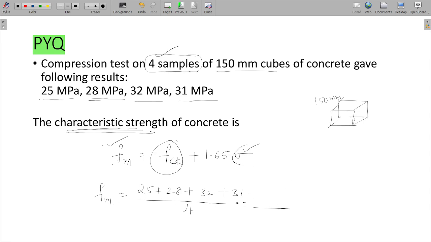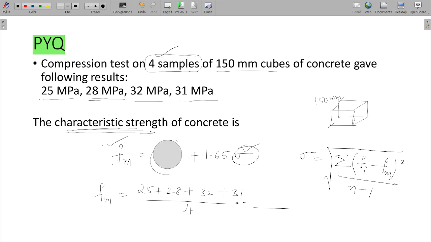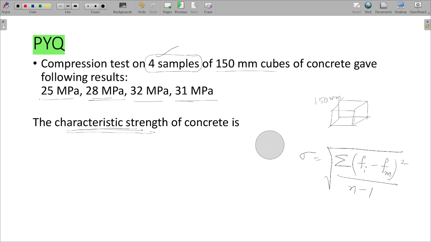And next we have to find sigma. For finding sigma, there is one formula: sigma equal to root of summation of Fi minus Fm whole square by n minus 1. So how do we substitute the values here? Sigma equal to root of, there are 4 values.